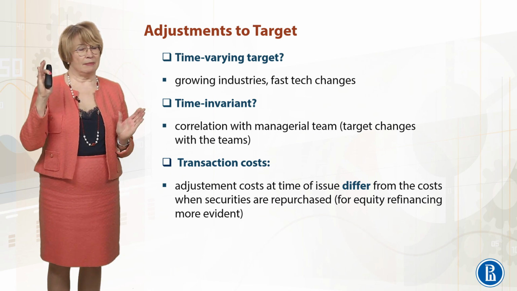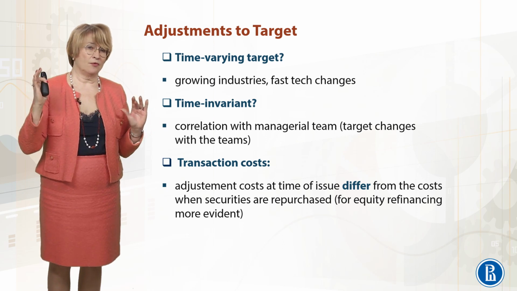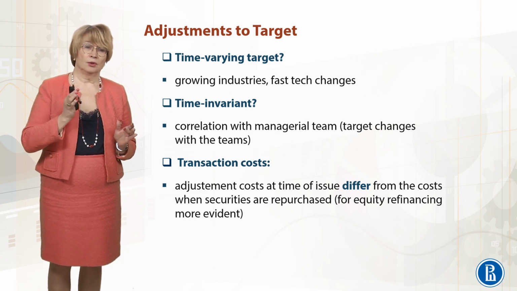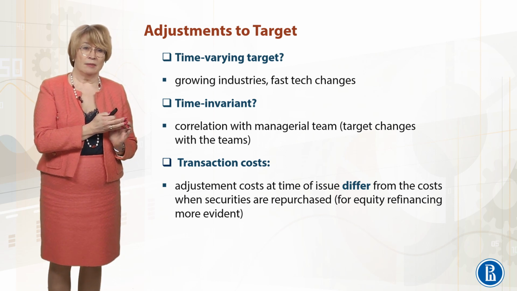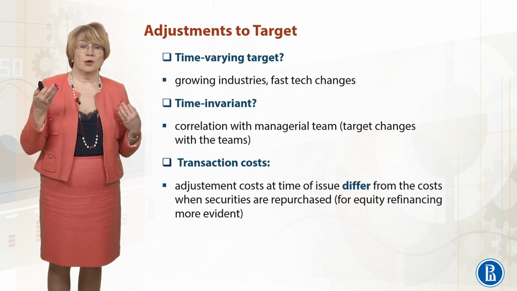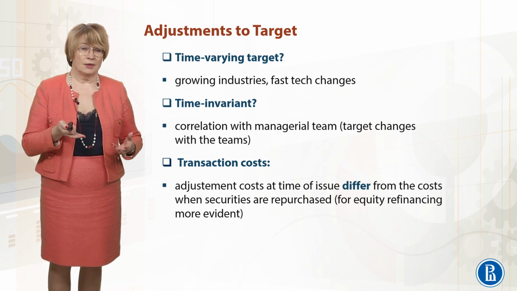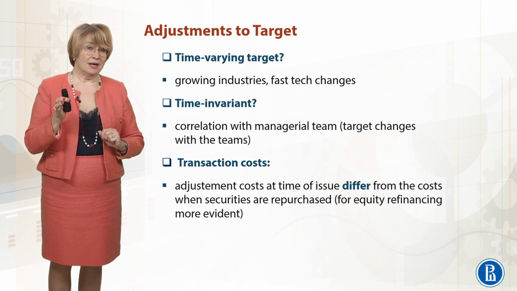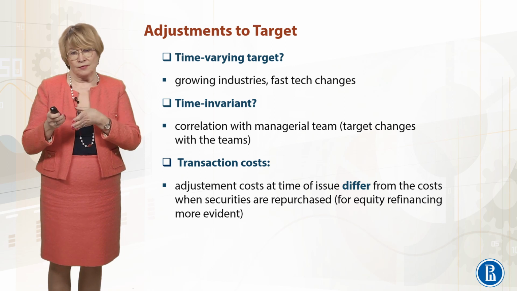So we are building the panel regression through time within several years of our period of analysis and observation. We have to follow the results of previous research, which shows that if your company is in a growing market, in a growing industry, or if your company is in an industry with very fast technological changes, then it may lead to the conclusion that the target capital structure itself will change rather often.